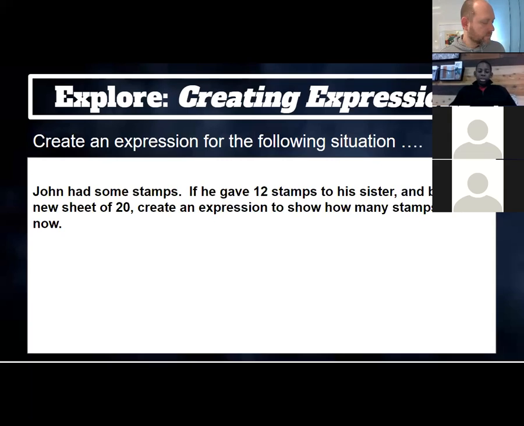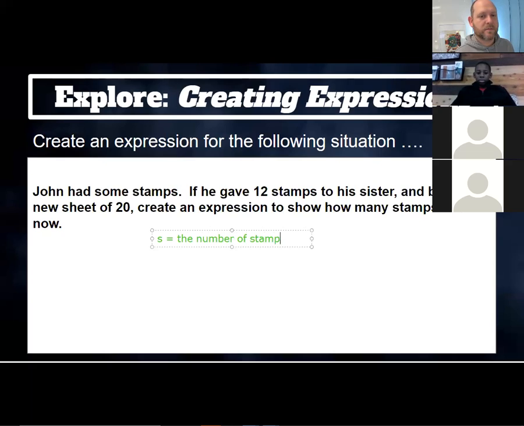We don't know how many stamps he had before he gave them to his sister. You're right. So what do you need to do with that then? Make it into a variable. Perfect. So I could say S equals the number of stamps John started with. There you go.